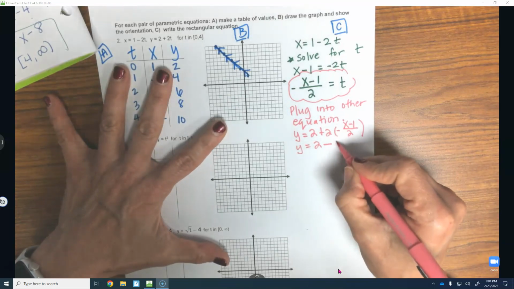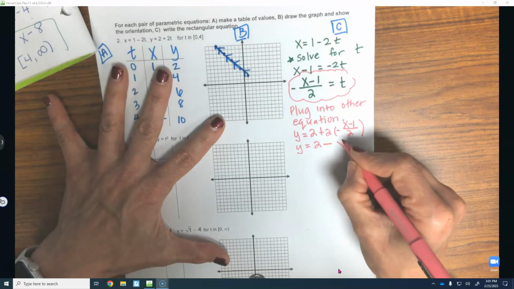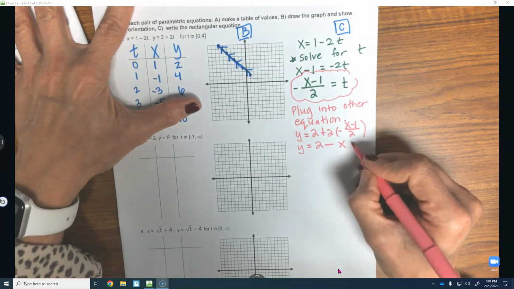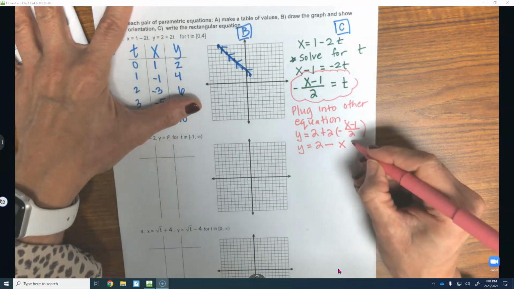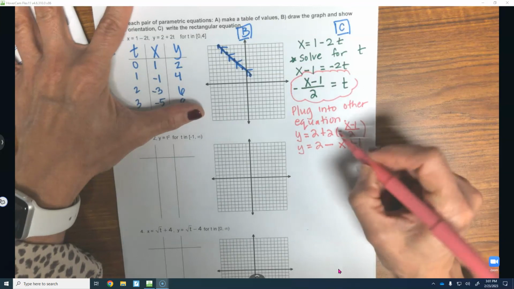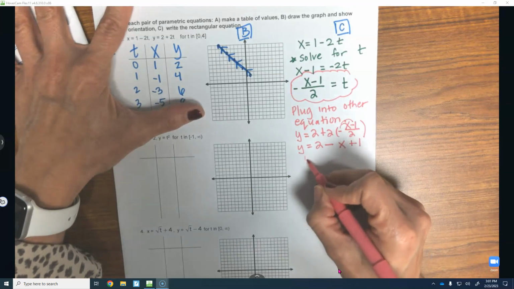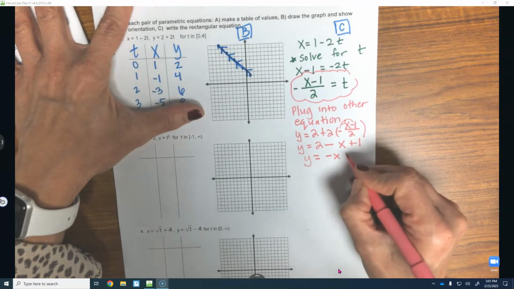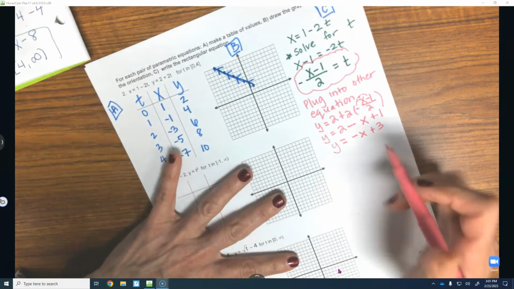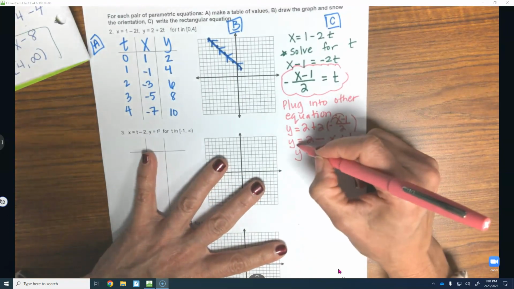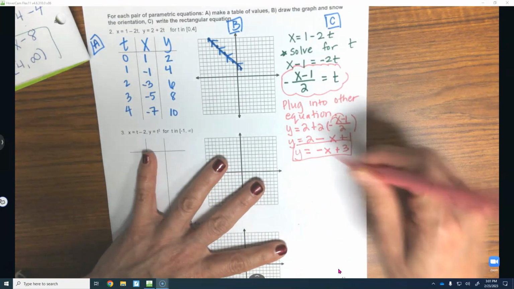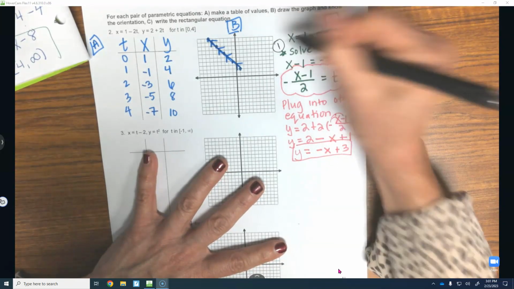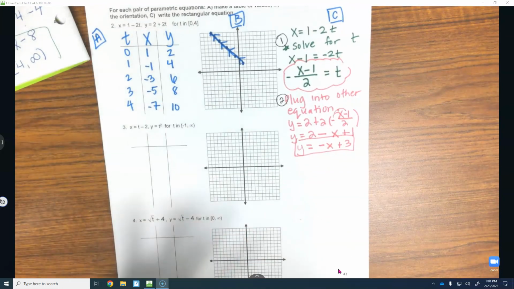So 2 minus x. And then remember, this is minus that 1. So that's going to turn into a plus 1. So this is going to be y equals -x plus 3. That is your rectangular equation. 2 steps there. Solve for t, step number 1. Plug into the other equation, that's step number 2.